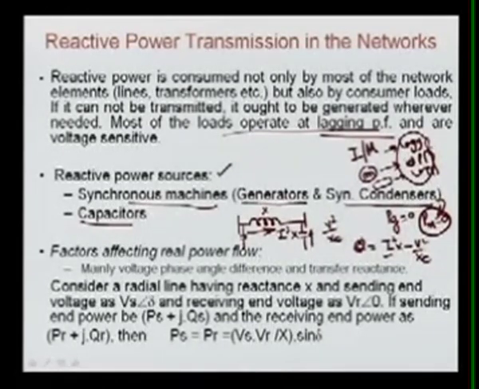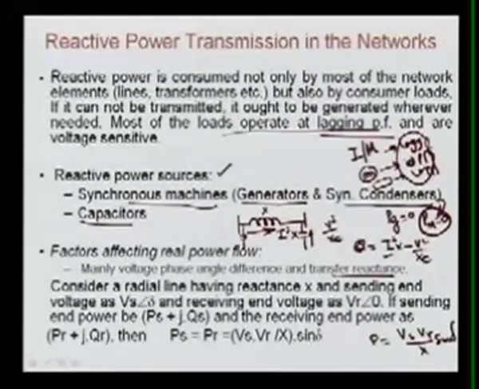The factors affecting the real power are mainly the voltage phase angle difference and the transfer reactance, because we know this P is nothing but, if you remember, sending end voltage times receiving end voltage over X sin delta.